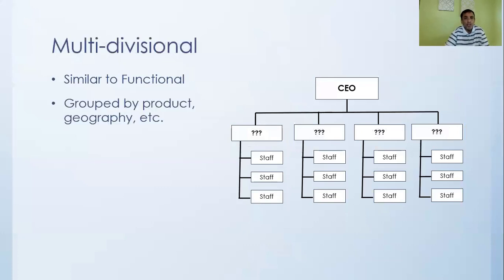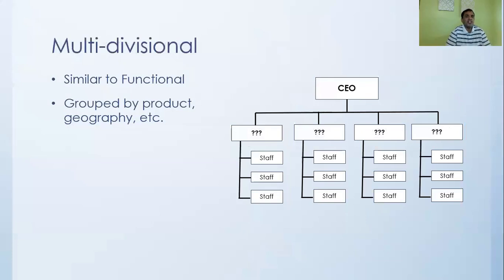Like we said, it is similar to function, but this grouping can be by product, can be by geography. For example, and this is true typically for large organizations.